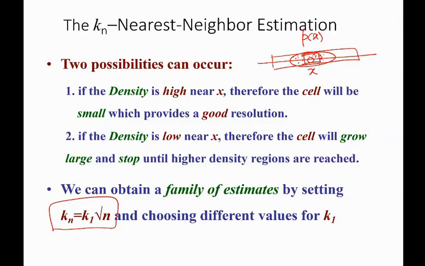So instead of kn equal to root n, we can play with this k for different values by setting an extra parameter k1. So we can put some arbitrary value of k1, and then we can find out different kn values. Okay, so that is what this means.